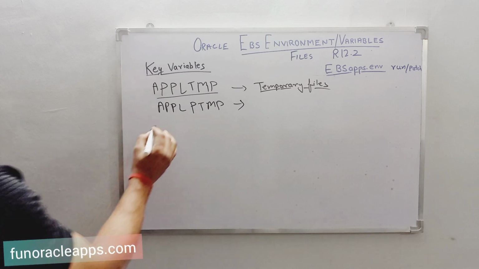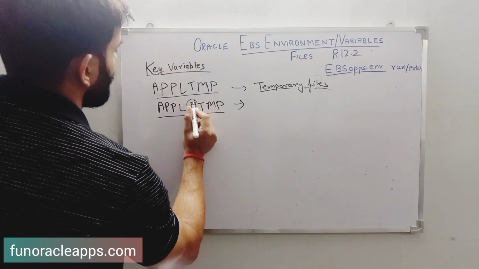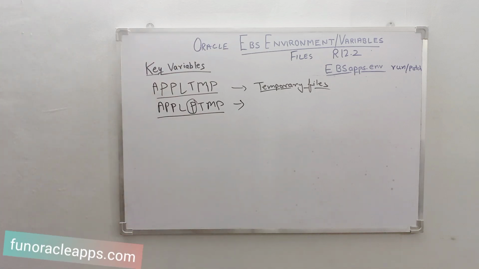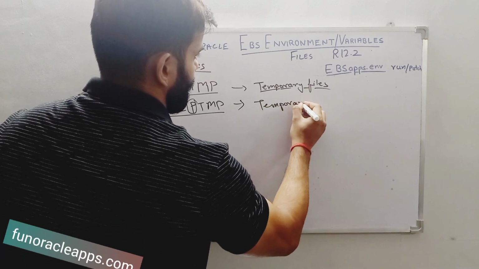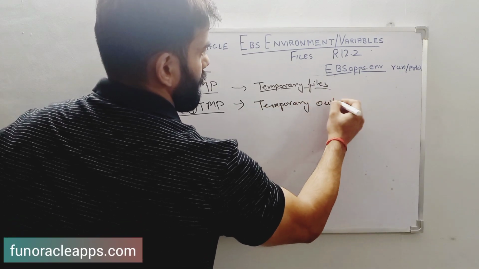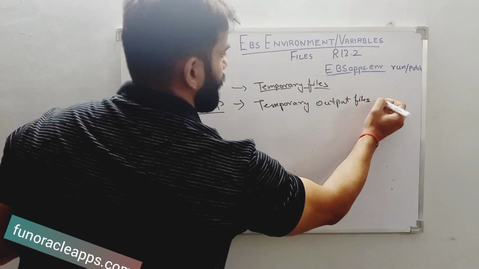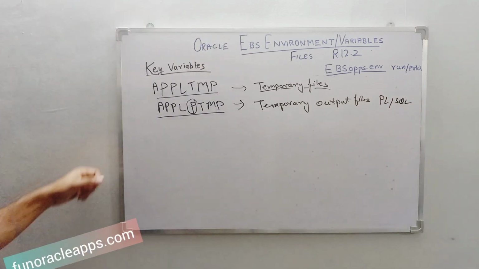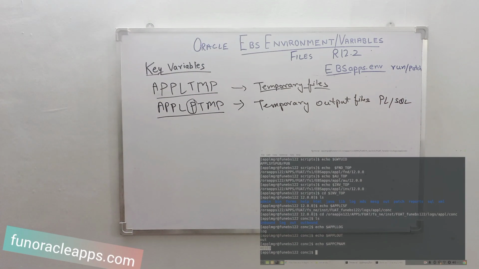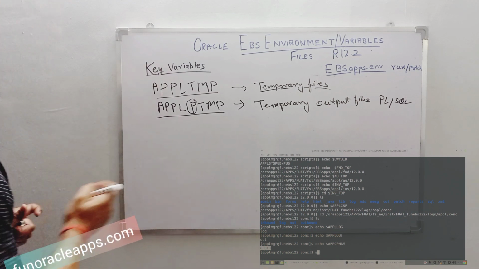But again, there is one more, don't get confused, it is APPL_PTMP. P is important here. So why is it P? P means it will be used for keeping the temporary output files related to your PL/SQLs. Any PL/SQL executions that are being done at the EBS level would be set in APPL_PTMP.